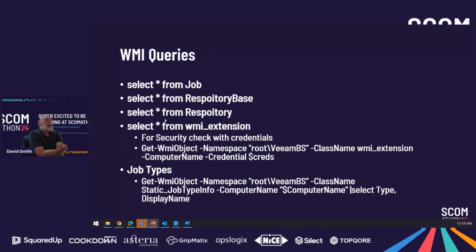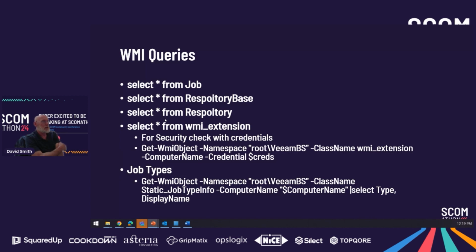Some of the WMI queries I used were just select star from the various WMI items like job, the repository base, repository, and WMI extension. WMI extension I use strictly for checking whether my credentials were successful. So if I could read data out of that particular WMI, I would be confident that the credentials are going to work and I'd be able to get the remainder of the job information out of the backup servers.